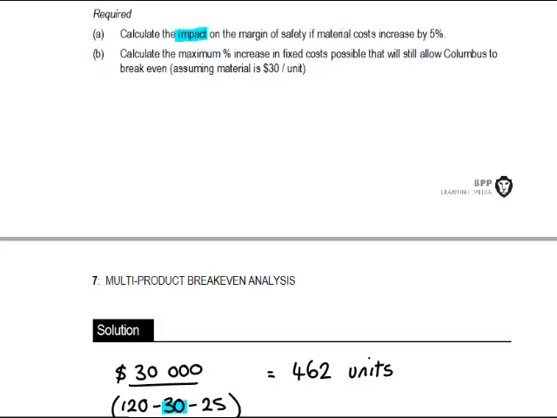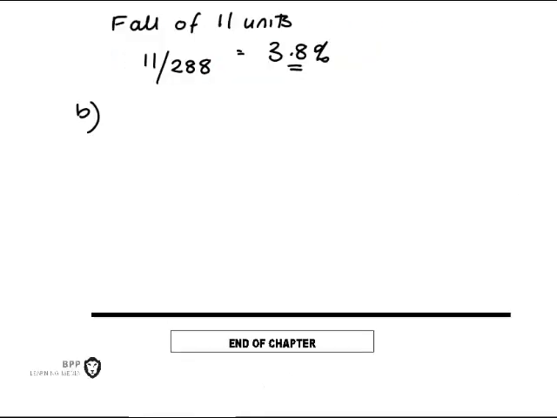Part B uses the other approach to sensitivity analysis, so we've got to calculate the maximum percentage increase in fixed costs possible that will still allow Columbus to break even, assuming that materials is still just $30 a unit. Basically we need to know how much contribution we are going to earn when we sell 750 units, which is our budgeted volume. At 65 per unit, that comes to a contribution of $48,750.